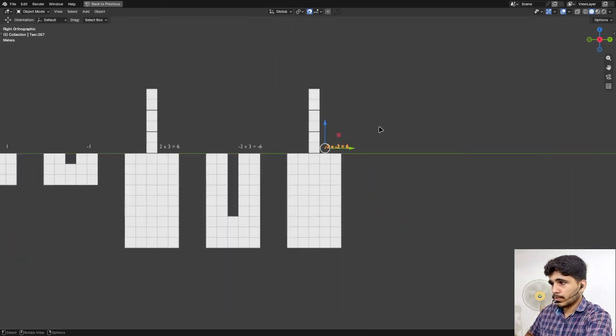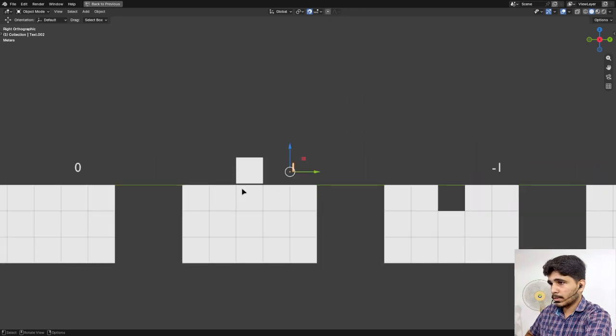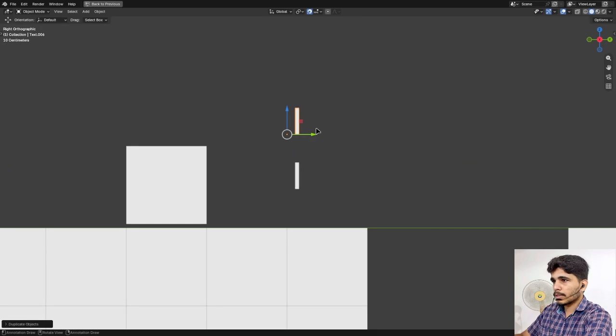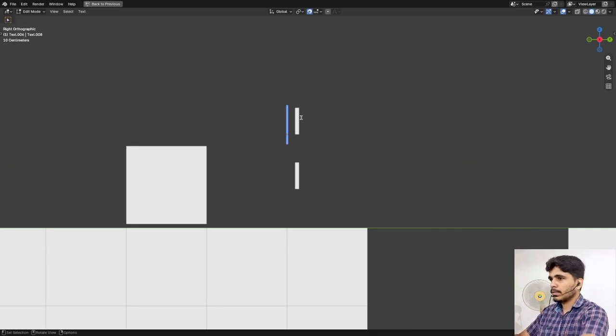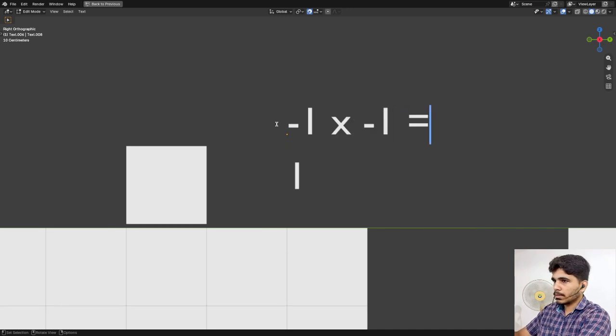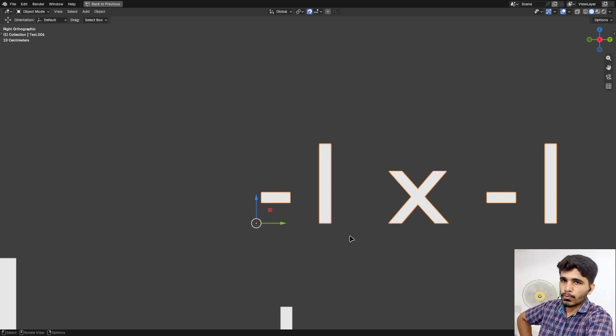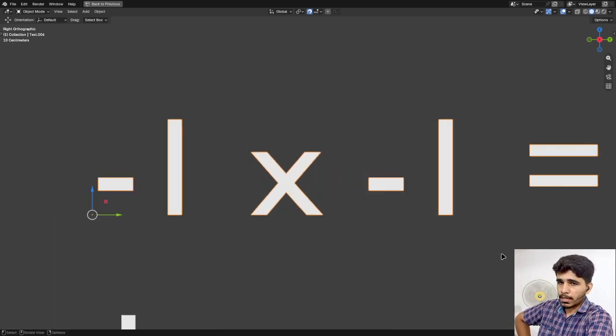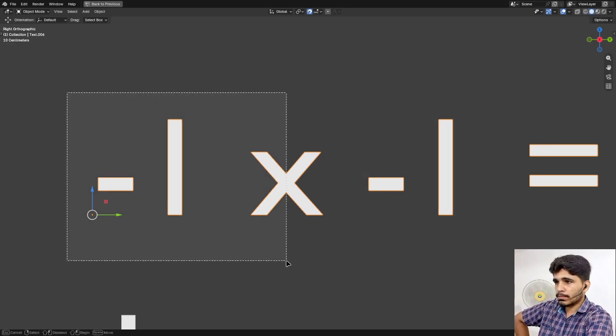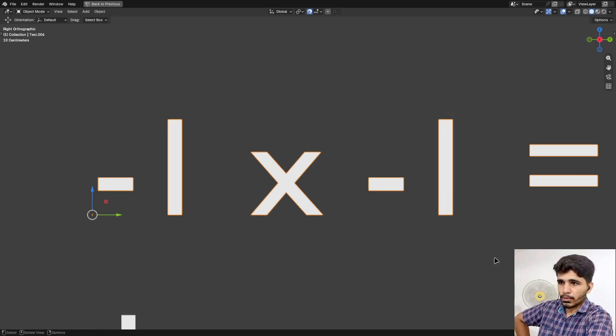So let's say this was the question; I'm just going to add one more example here. I'm going to do this -1 into -1 equals, sorry, +1. So let's read one more equation here. In this equation, we are told to remove one cube. And in the second half of our equation, we are told to do whatever our first half is saying, do the reverse of it once.